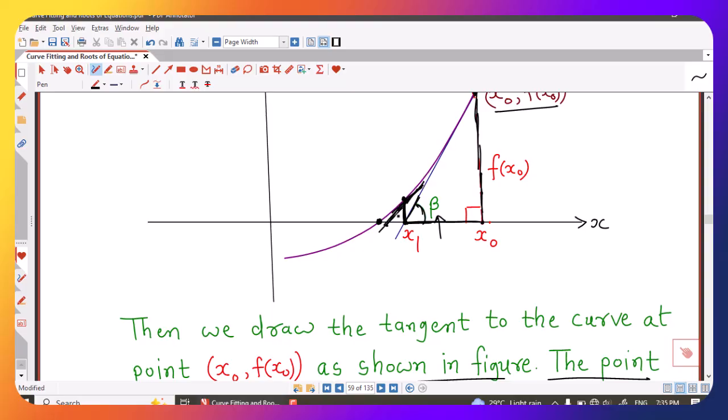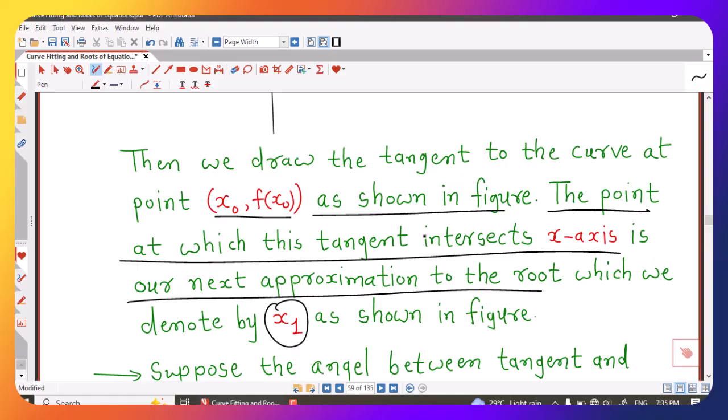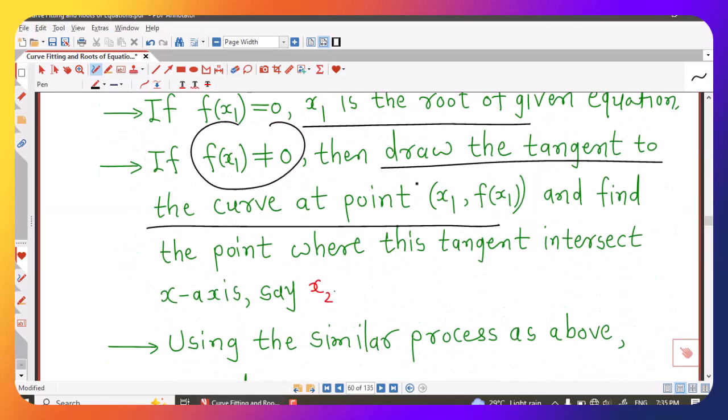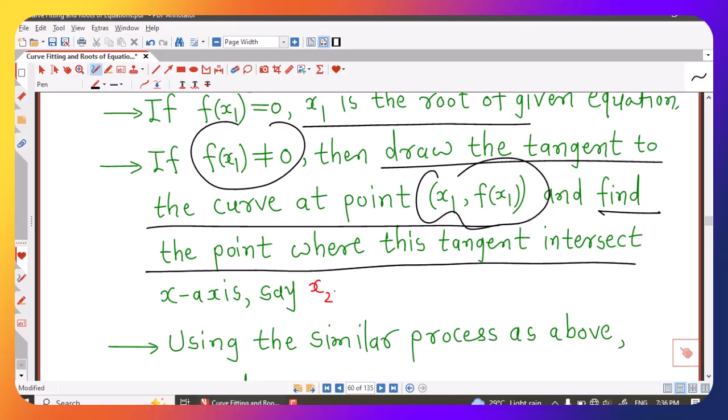Suppose this is approximately tangent to the curve at this point, and this point is denoted by x2. So that we have written here. If f(x1) is not equal to 0, then draw the tangent to the curve at point (x1, f(x1)) and find the point where this tangent intersects with x-axis, and that point we denote by x2.